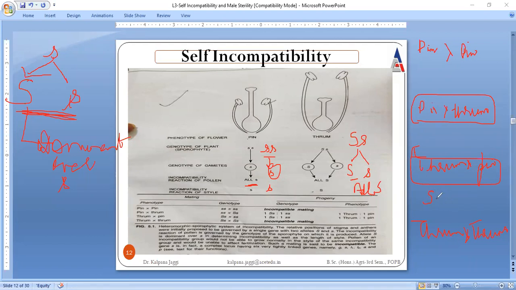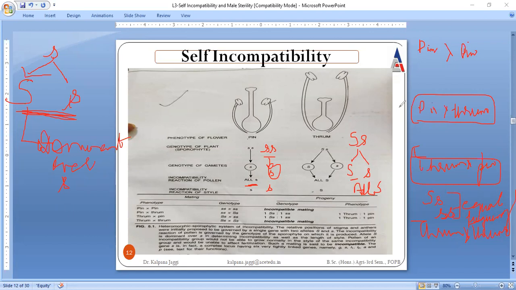Very first is Ss, that is capital S and small s, and another is small s, small s. And both are produced in equal frequency, right? So this is the one case.